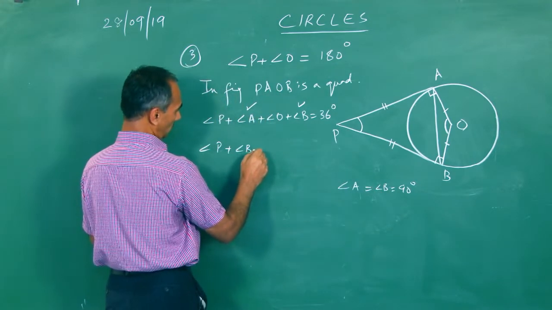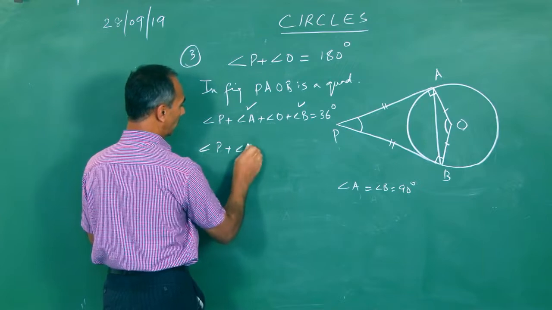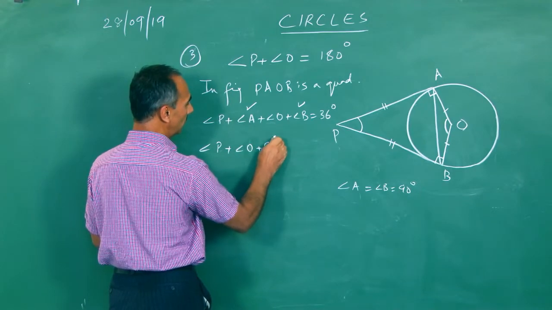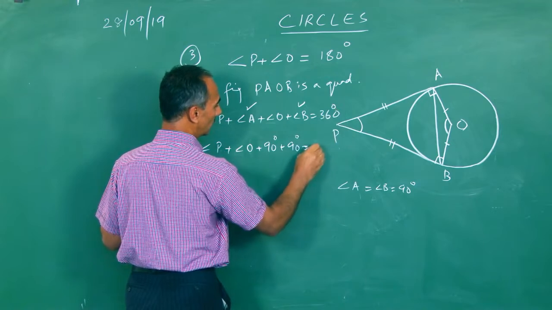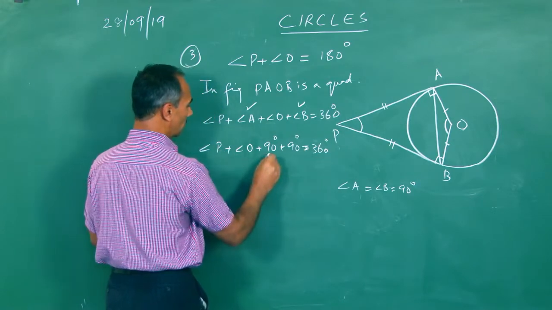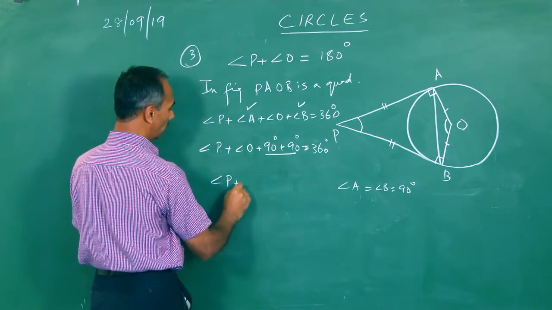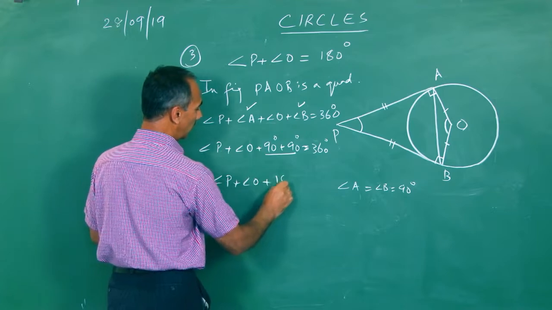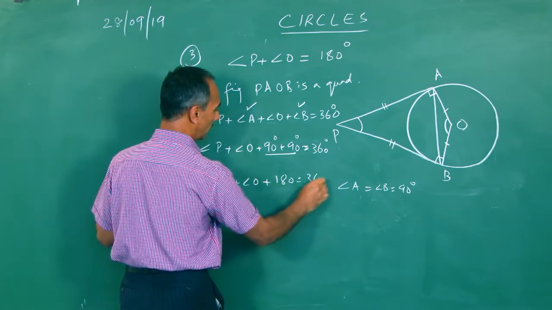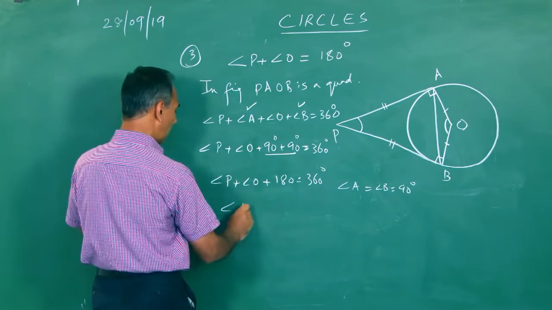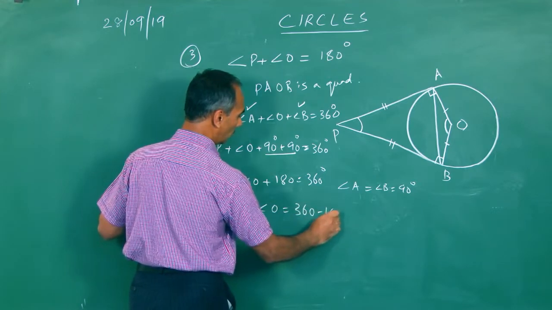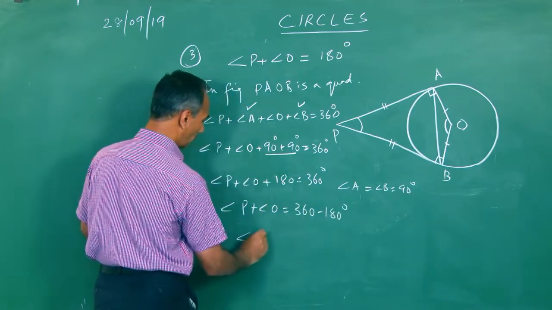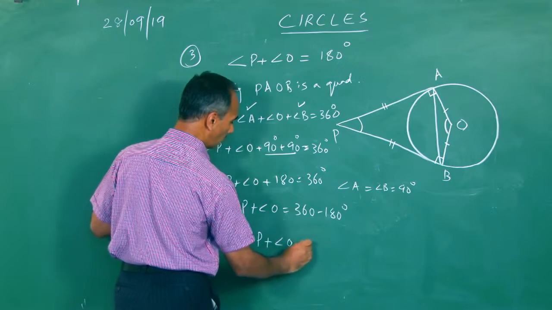So P plus O, for A I write 90, for B also I write 90, is equal to 360 degrees. So this sums up to 180. So P plus O plus 180 is equal to 360. That means P plus O is 360 minus 180. So that means P plus O is 180.